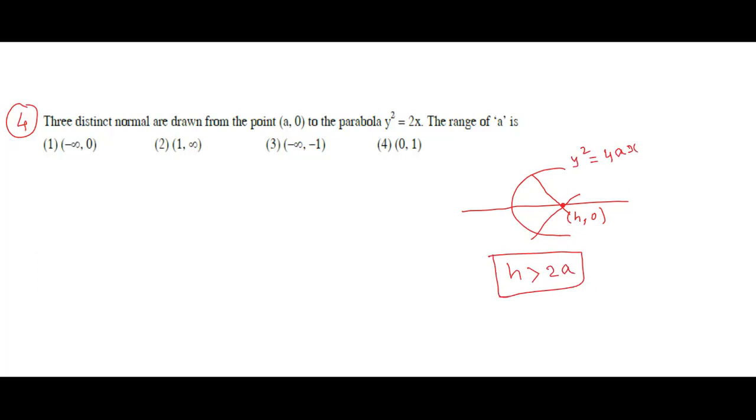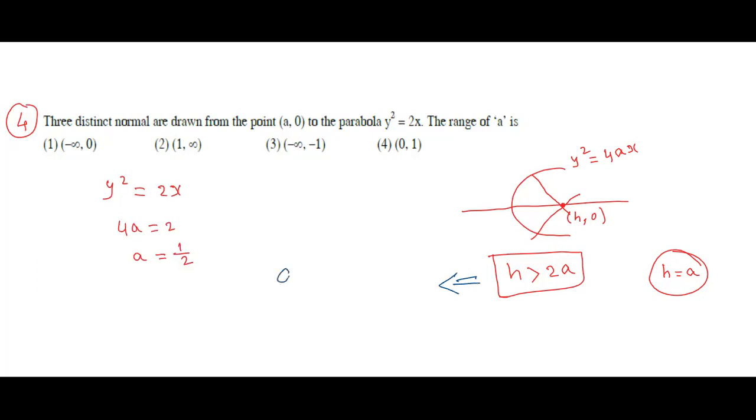But in the question, instead of h comma 0, it is a comma 0. That means take h is equal to a. And the parabola given is y square is equal to 2x. So 4a value is 2, then a value is 1 by 2. Substitute in this condition.